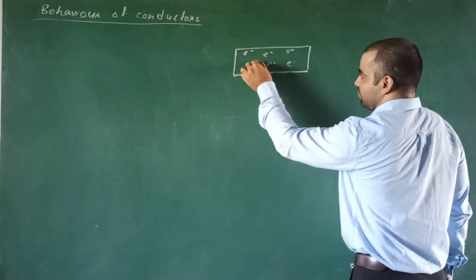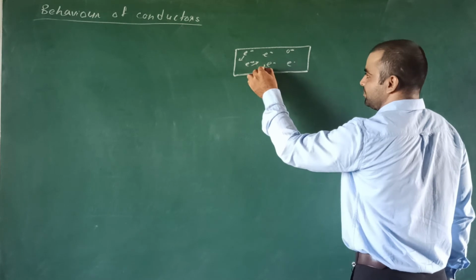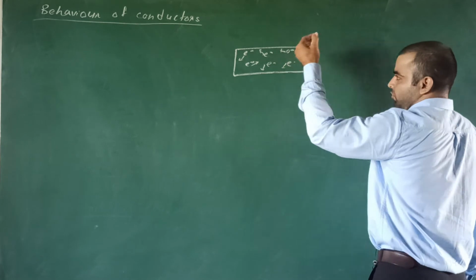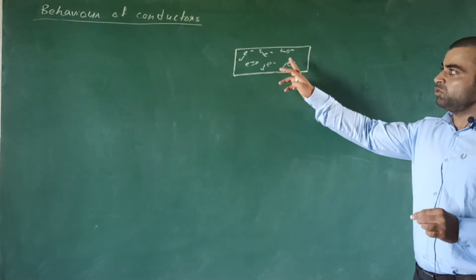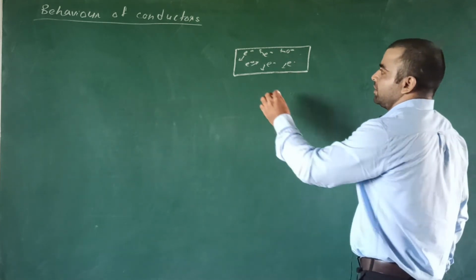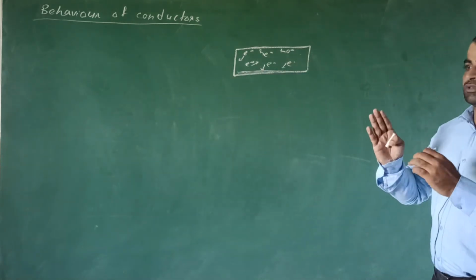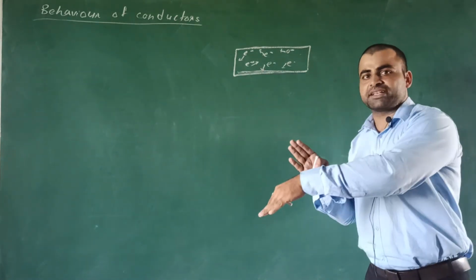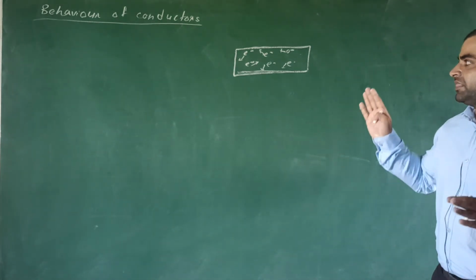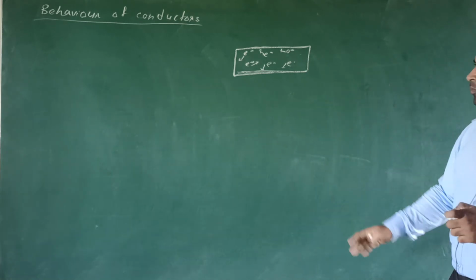Some electrons move in this direction, some in that direction, and so on. The electrons have a zigzag direction, Brownian motion. There is no particular direction for the electrons to move.